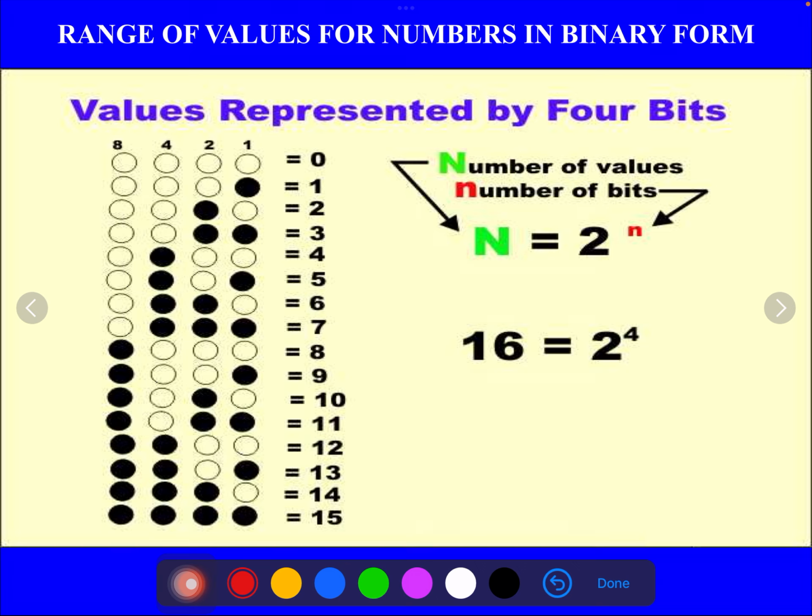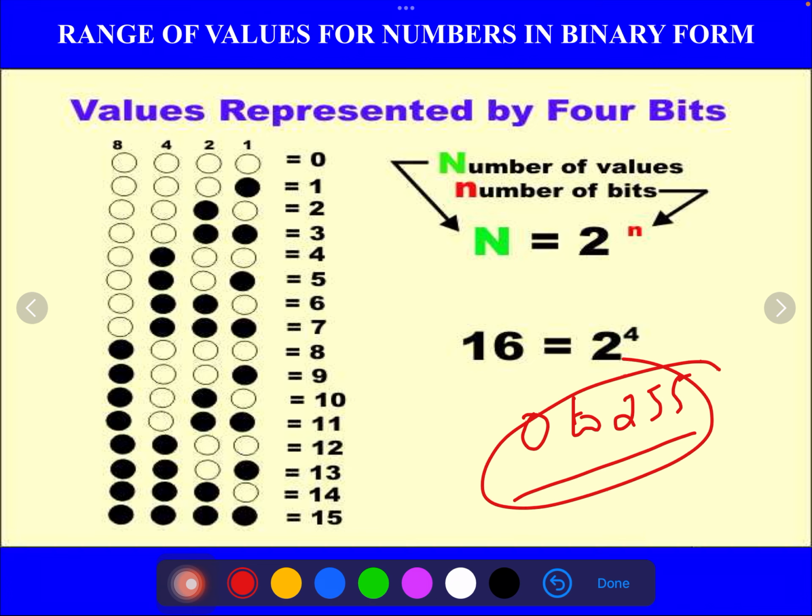How do you represent a range of values for numbers in binary form? As the number of bits increases, so does the number of values that can be represented. For instance, 8 bits can represent 256 values, from 0 to 255.